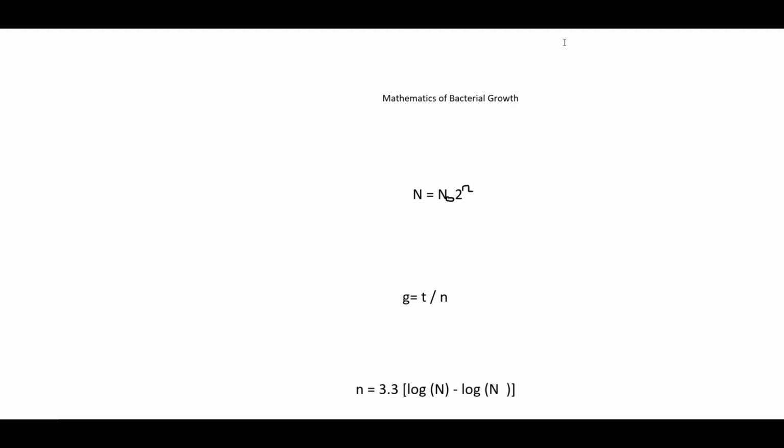Let's do a little mathematics for bacterial growth. So we have our first equation where N is our final number of bacteria, and the initial N here is the initial number of bacteria.